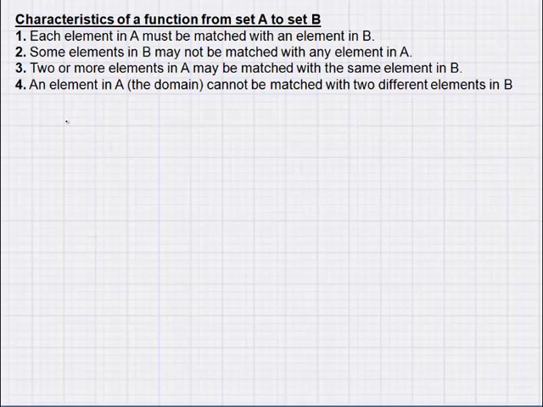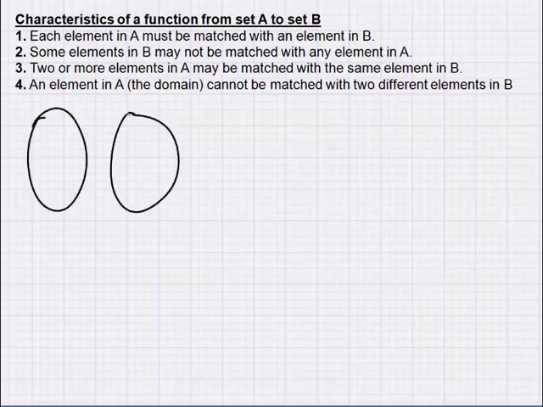So here's my sets. Set A, this is my domain. Set B, this is my range. I look and I go, okay, here's a couple of elements. I'm not even going to give them names, I'm just going to put dots. This gets matched here.